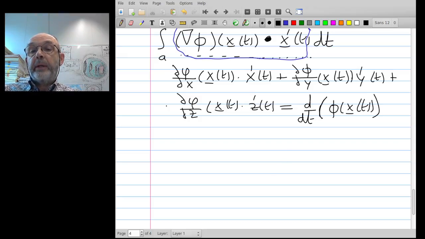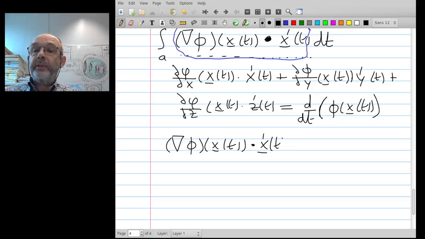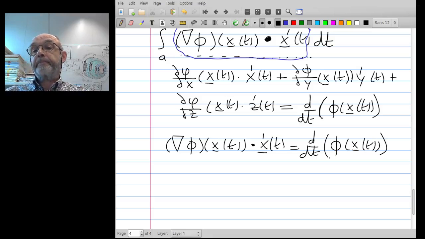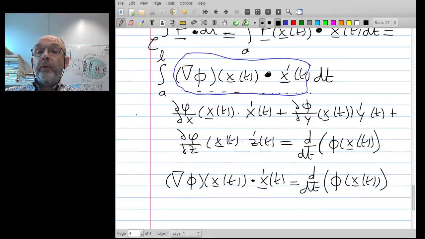Yes, and here on the left hand side, the gradient of phi at x(t) times the velocity vector is nothing else than the derivative of the potential where you have filled in that line. So we make a step: we have rewritten that blue expression, and what do we get out of it?